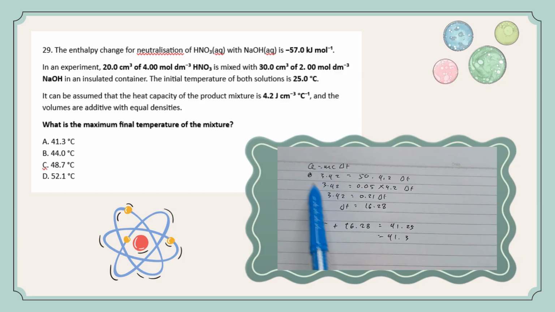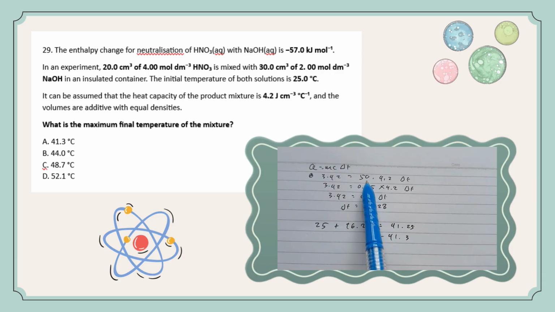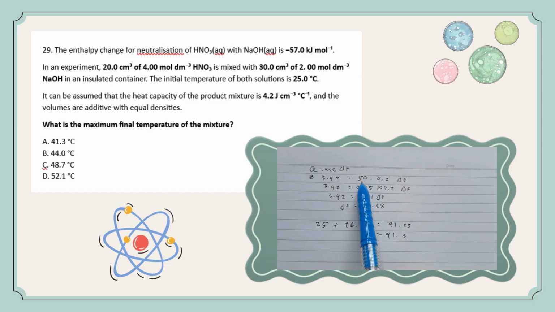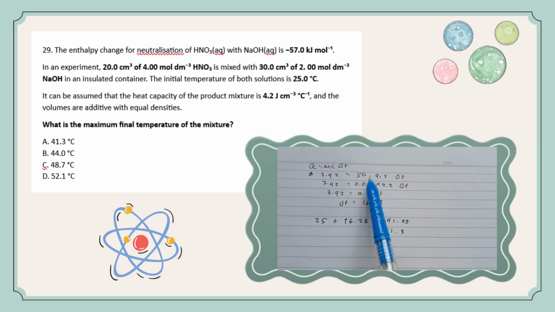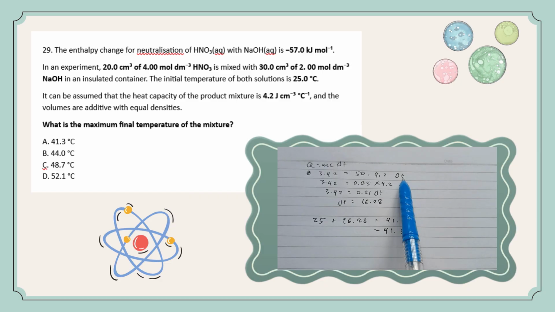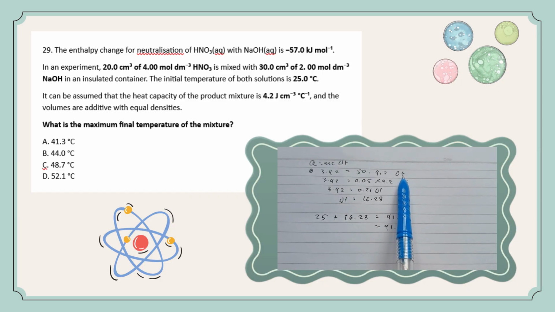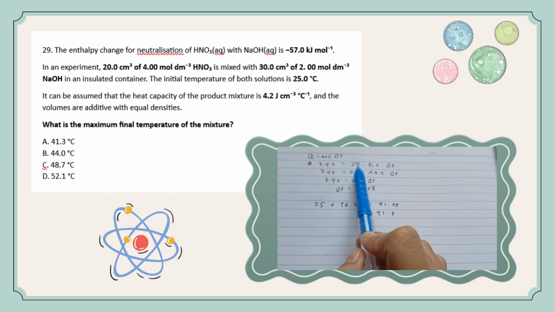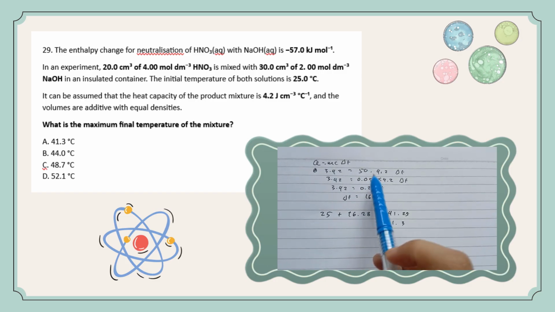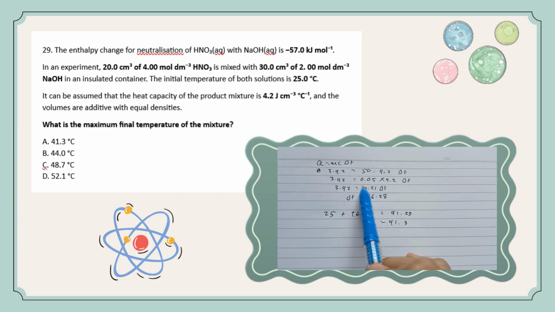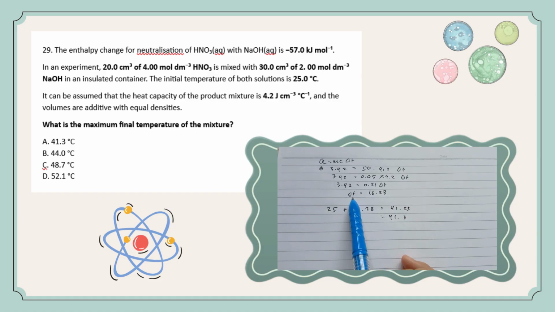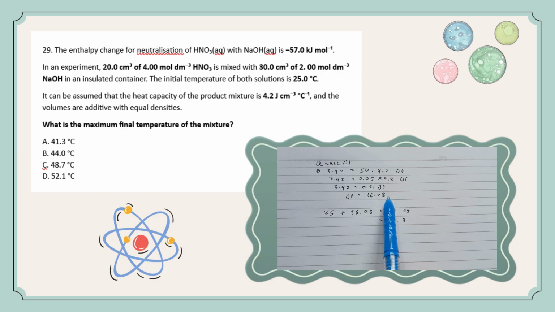Because we already know the heat, 3.42, and the mass here is the total of the solution, it's 50 times the heat capacity and the delta temperature. We have to convert the volume from milliliters to liters, and then we calculate it and get a delta temperature of 16.28.